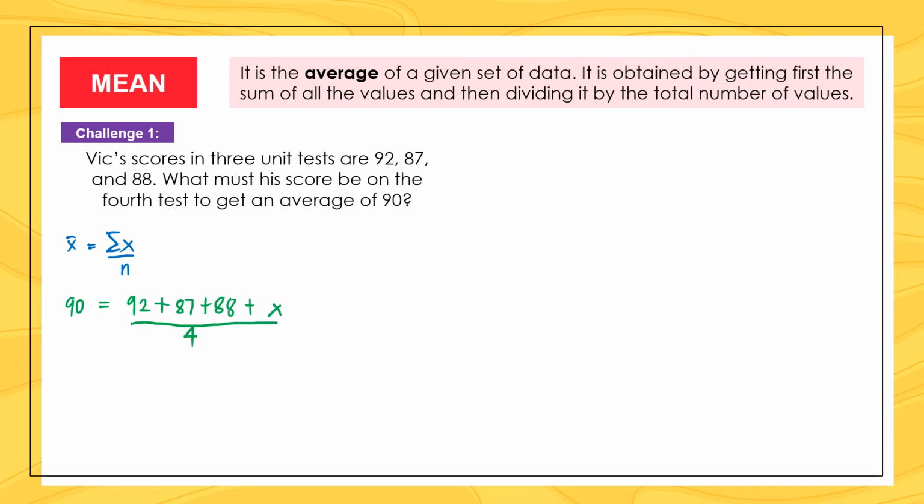We evaluate this. Since you have a denominator here, we could do cross multiplication. So we'll have 90 times 4, that will be 360, is equal to, since there's an invisible one here, whatever is on top in your numerator, we'll just copy it.